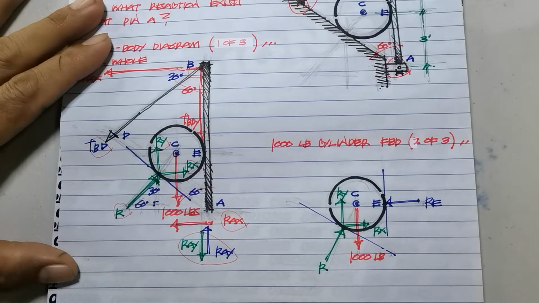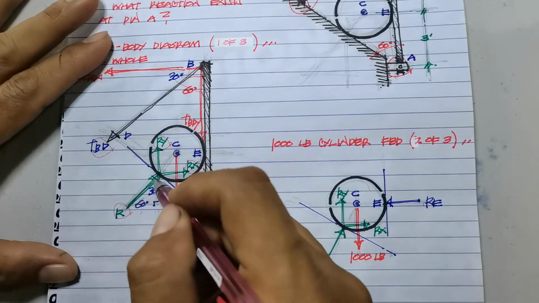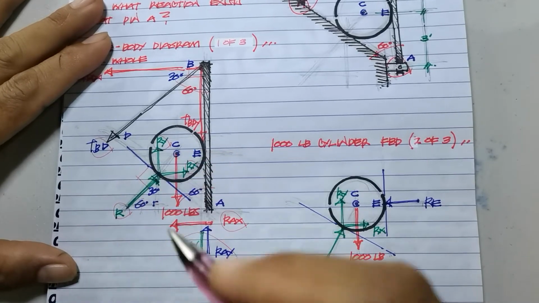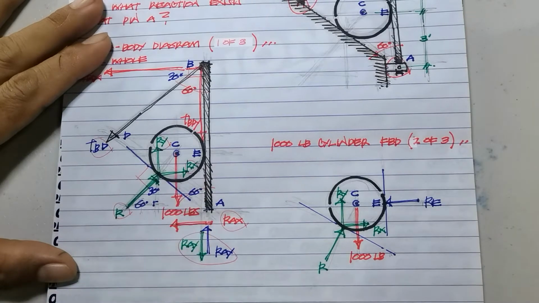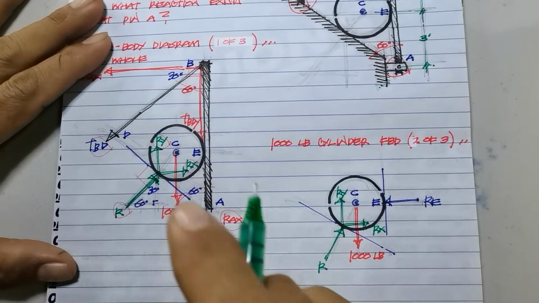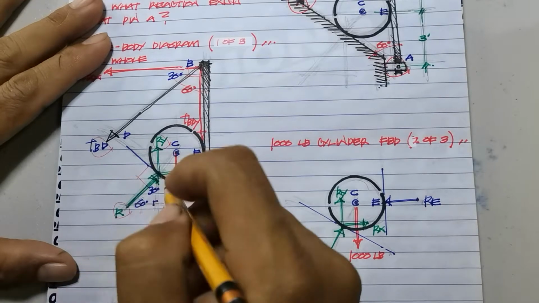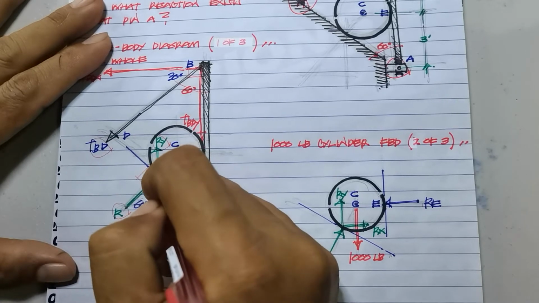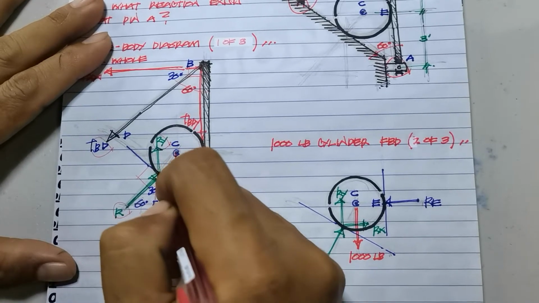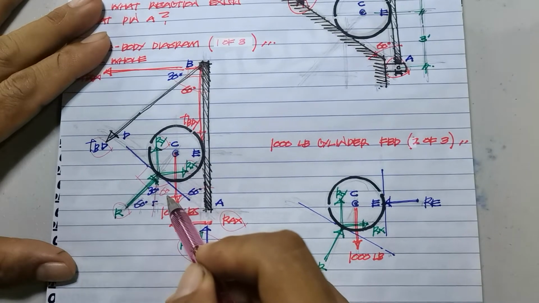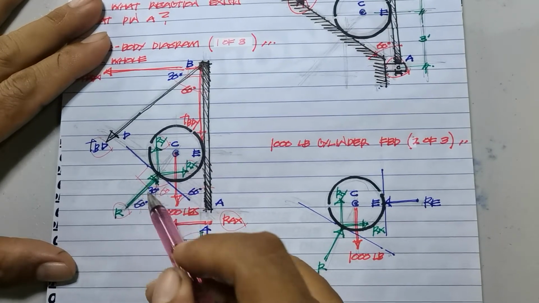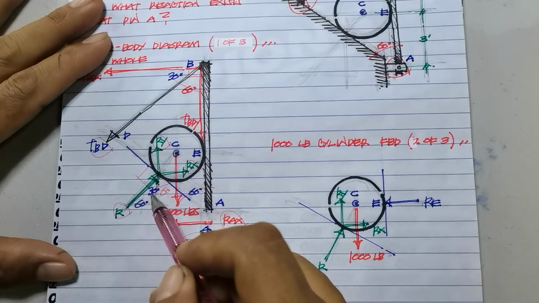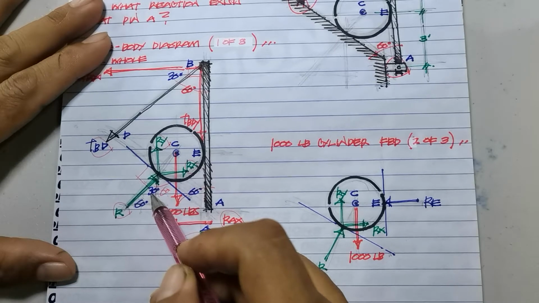Then, as I told you, if a plane surface gives a reaction, this reaction should be at an angle of 90 degrees, or perpendicular. So, that is correct. How is it correct? If this is 30 degrees, and this is another 60, then 60 plus 30 gives you 90. That agrees with what I told you: whenever we have a plane surface, it gives a reaction that must be perpendicular with respect to that plane surface.